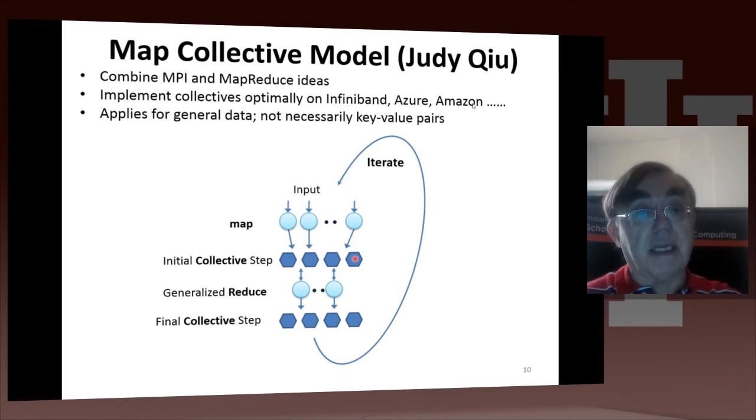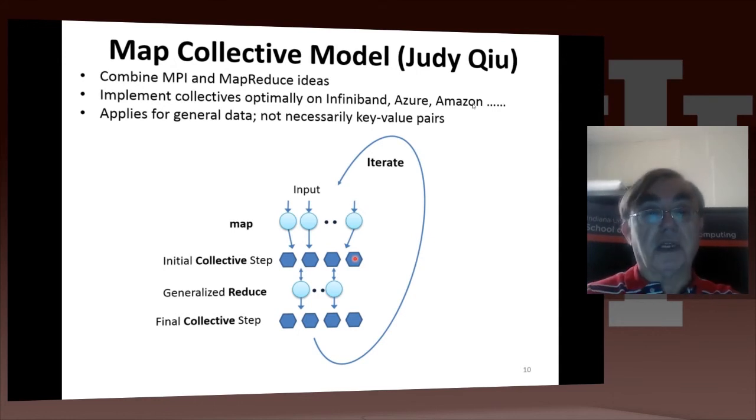The term collective in this field is used to describe operations which involve all the data, as opposed to, say, the nearest neighbor communications with MPI, which only involve small subsets of the data.